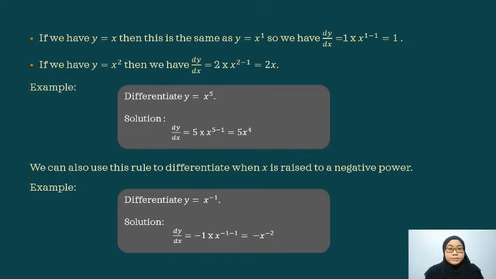In the example, the question asks to differentiate y equals x to the power of negative 1. If we apply the general rule, the solution will be dy/dx equals negative 1 times x to the power of negative 1 minus 1, so the answer will be negative x to the power of negative 2.